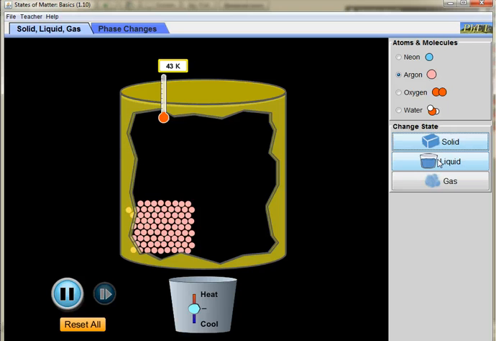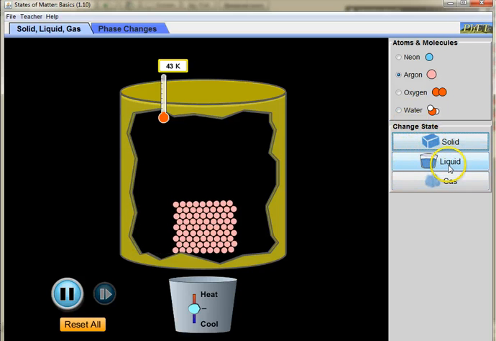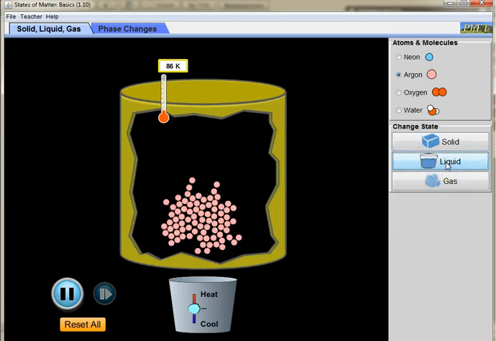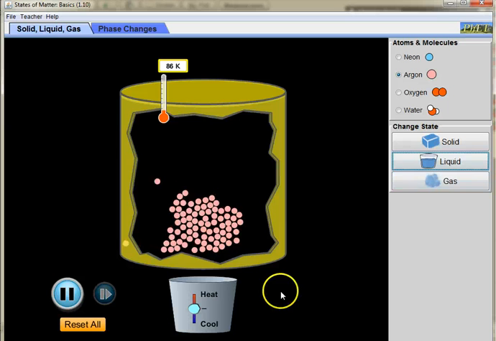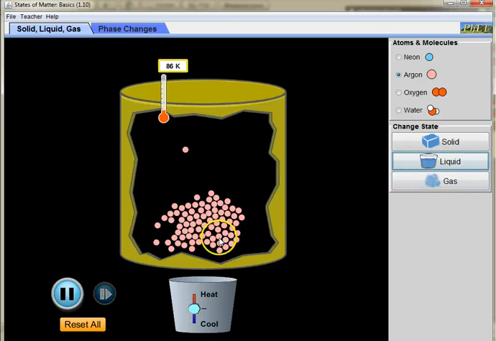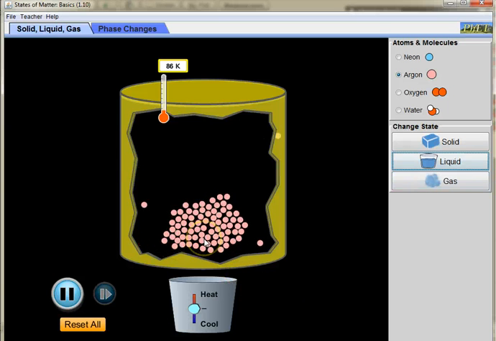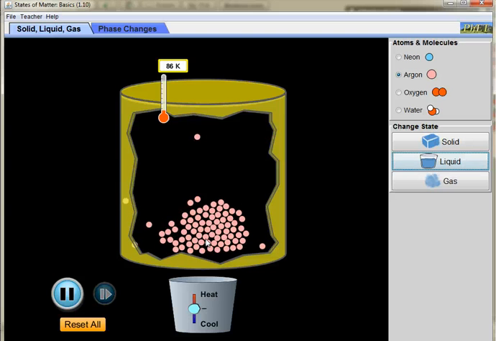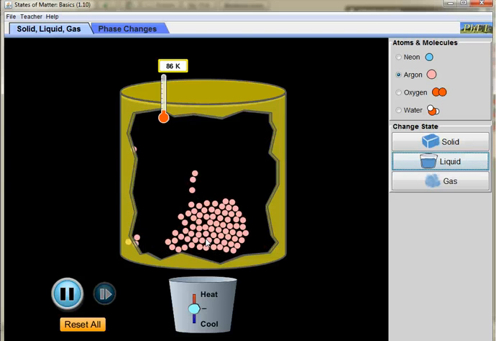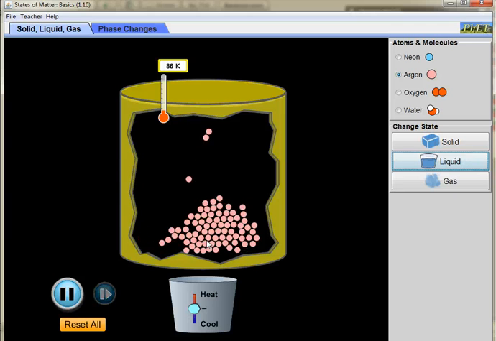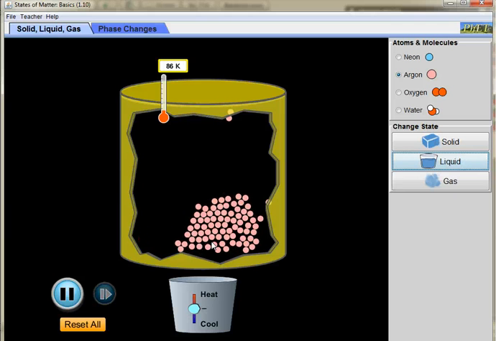Yep, it should increase. Let's see if we get that. So here you go, I'm changing from solid to liquid. You can see, is there any change in the particle?